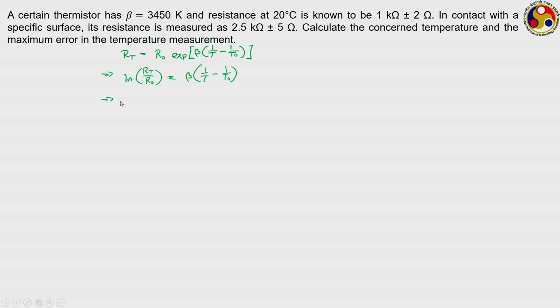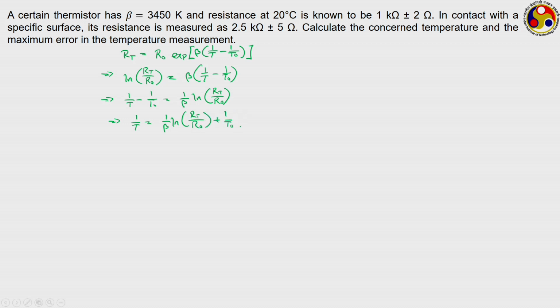So, if we want to express this in terms of temperature, then we are going to get 1 upon T minus 1 upon T naught is equal to 1 by beta into ln RT upon R naught, that is 1 upon T is equal to, I guess we derived this thing in the last class, but I do not have it with me.